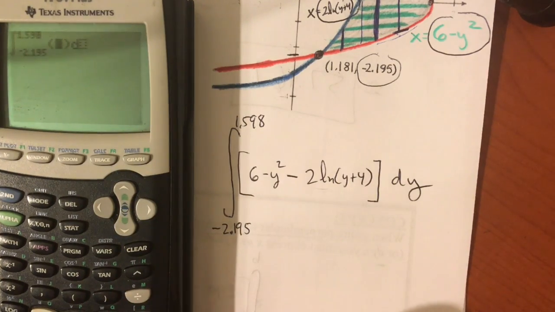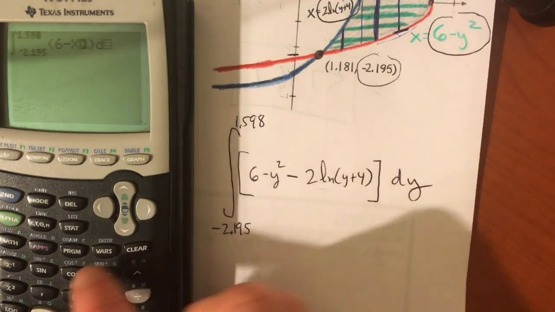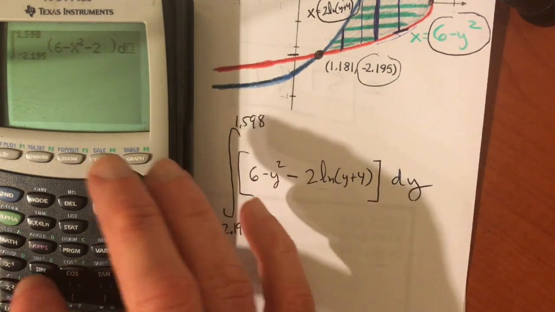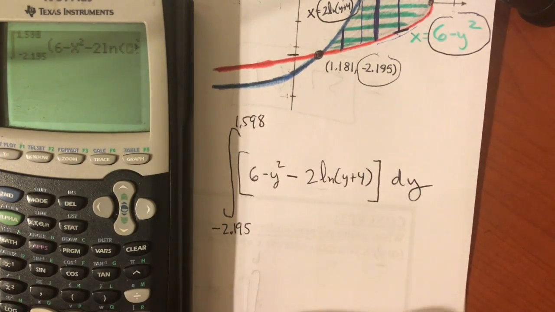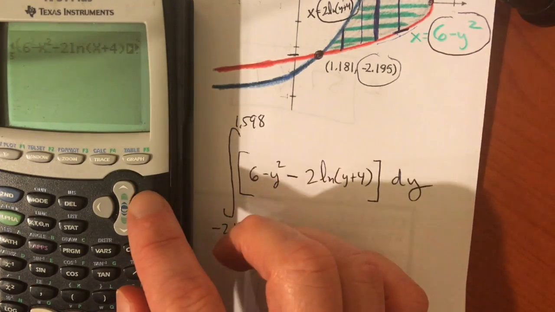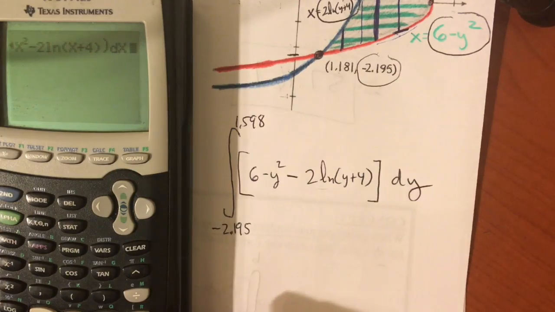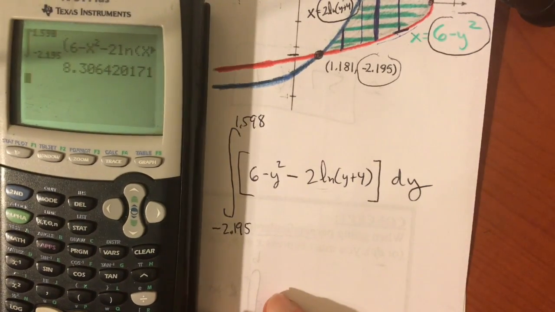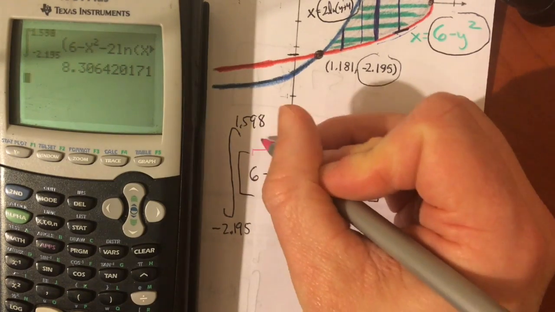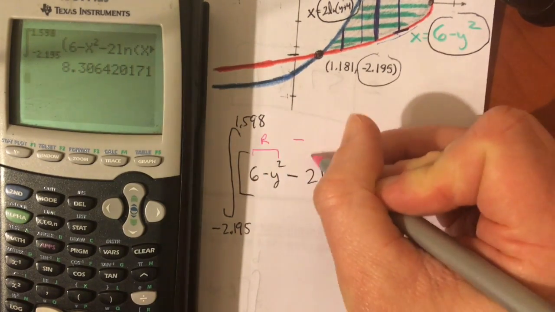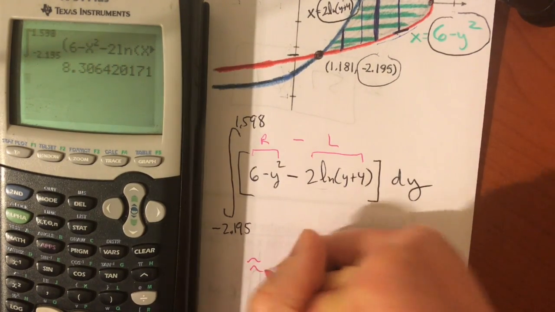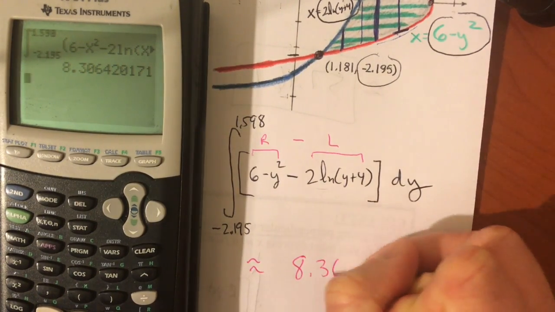And our right boundary, 6 minus, again, we're just using the variable x, minus 2 ln of x plus 4, with respect to x. If you get a negative, maybe you reversed the boundaries here, because you always want to go right minus left. And this gave us about 8.306.